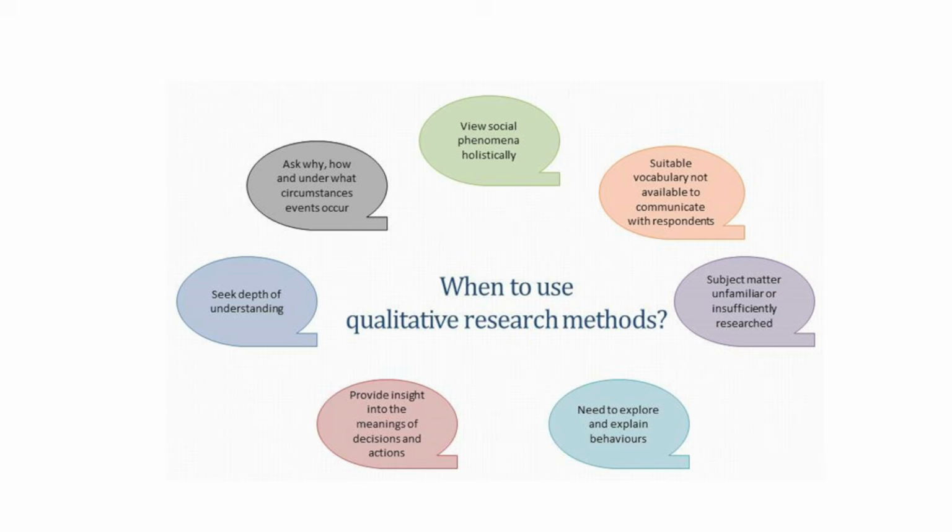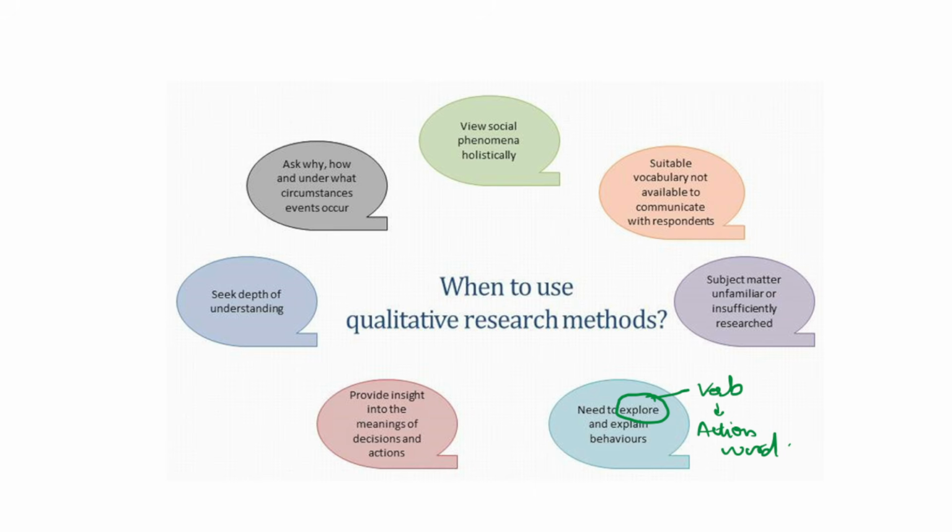Please see this chart. In this chart, we can clearly see when to use qualitative research methods, and they have mentioned a point over here that it needs to explore and explain the behaviors. Now, this is the verb or the action word which has been mentioned over here. Verb is nothing but simple grammar. It is an action word.